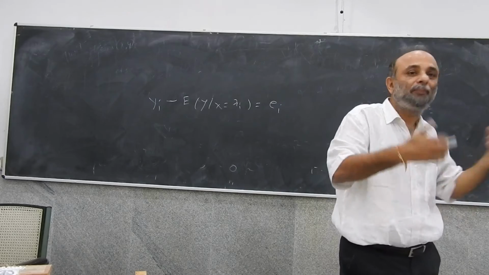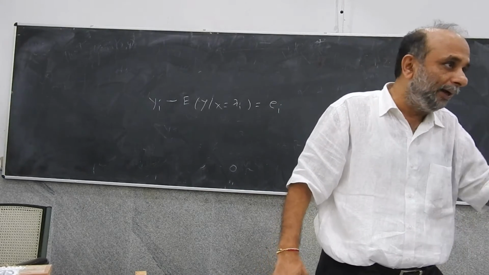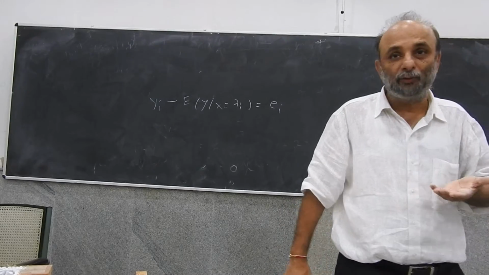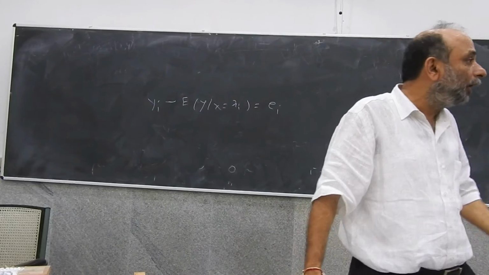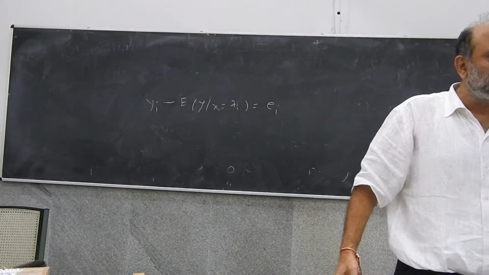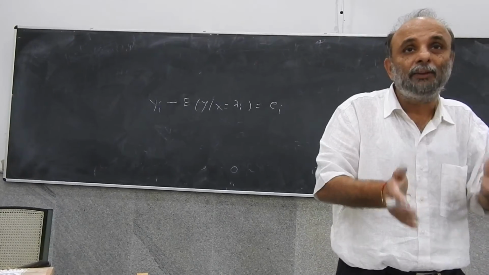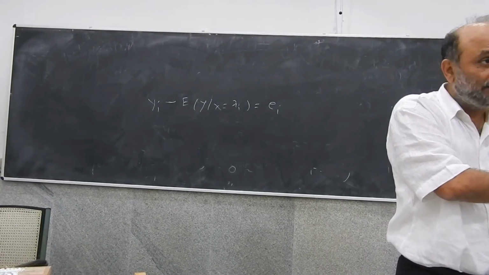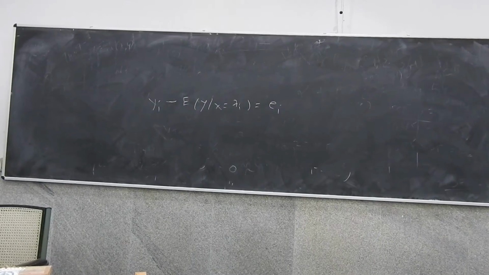For example, if you play a game where every time it turns up heads you give me 1 rupee, and tails I give you 1 rupee, your average earnings will be 0. But once you toss a coin, you don't know whether your earnings will be plus or minus 1 till the coin has landed. So the difference between the conditional mean and the actual value of that random variable, the outcome of a pure chance experiment, is what we call ei.